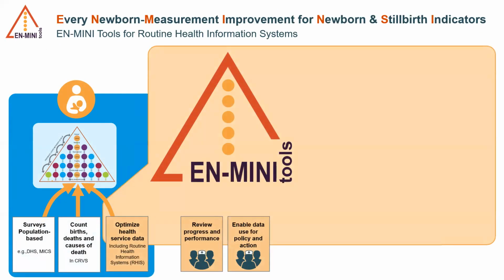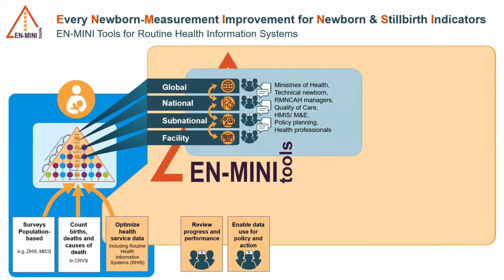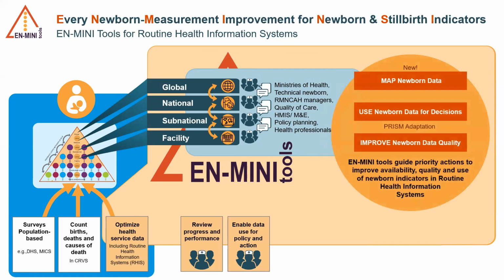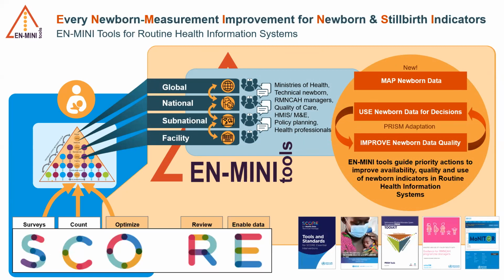Increasingly, routine health information system data is needed and being used for core indicators for newborns and stillbirths. And the EN Mini tools can strengthen that discussion between all the many stakeholders needing and using data to guide priority actions to improve the availability and strengthen global standard measurement.